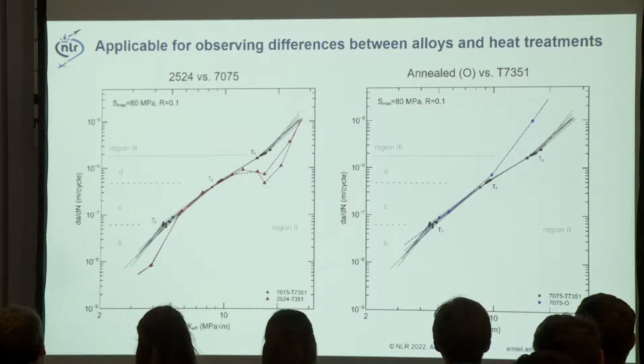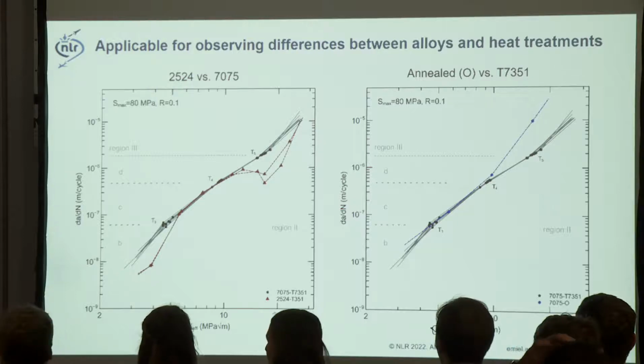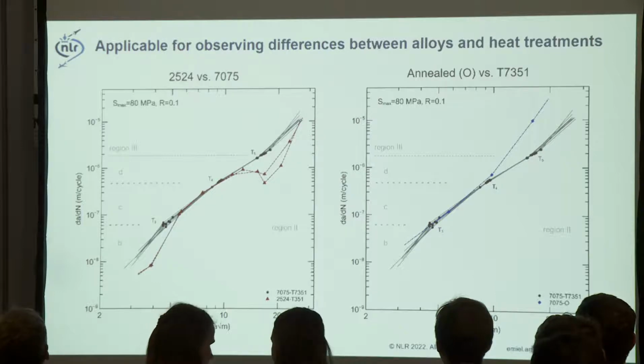The 2024 and the 7075 materials have similar behavior here, but when you go to lower crack growth rates and a different regime, there you can see the difference between these alloys. And also here in the location where the shear lip develops, there are differences.